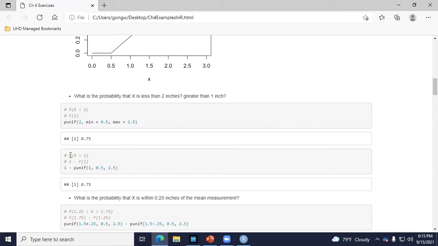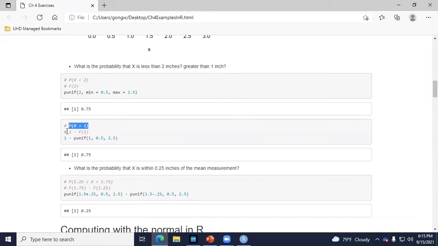So for P(X greater than 1), if you want the opposite direction, you do 1 minus. This is how you think about it. You first know what probability you are trying to get and translate it into the CDF. And next you can use these R commands to do the calculation for you.